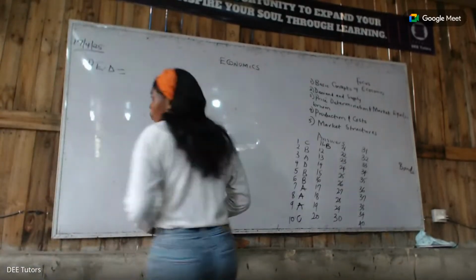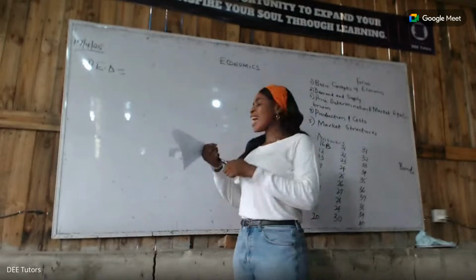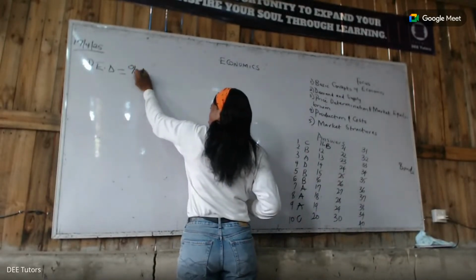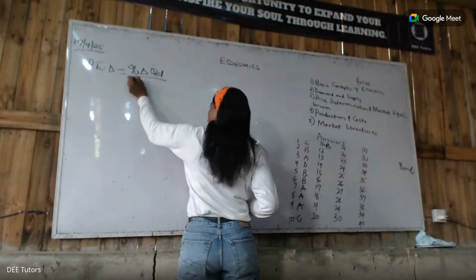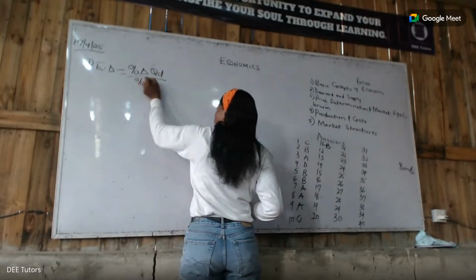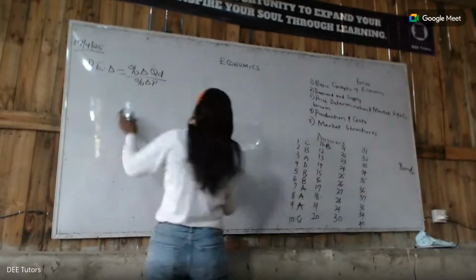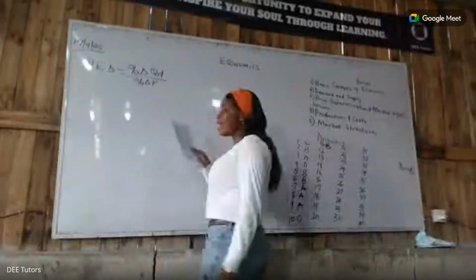All right, let's look at the top. Percentage change in the quantity demanded all over percentage change in price. So the question says that if we move from X to C, the elasticity of demand is that.